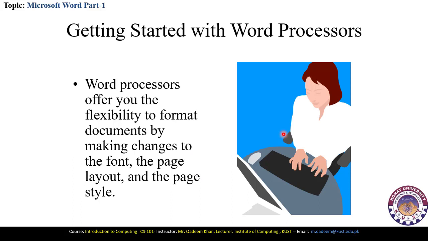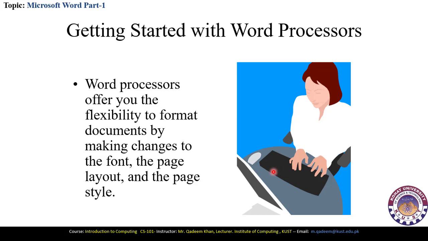Now, Microsoft Word allows us flexibility in formatting documents by making different changes to the document. For example, font changes, color changes, page layout changes, and page styles. We use typing skills to create a document in Microsoft Word, and then Word allows us to format the document.